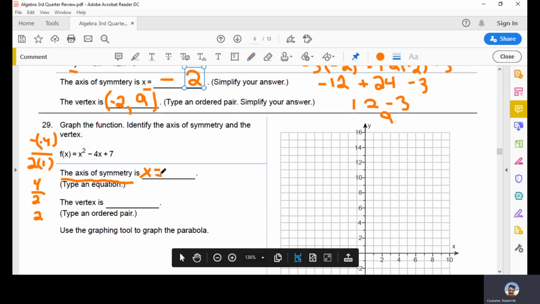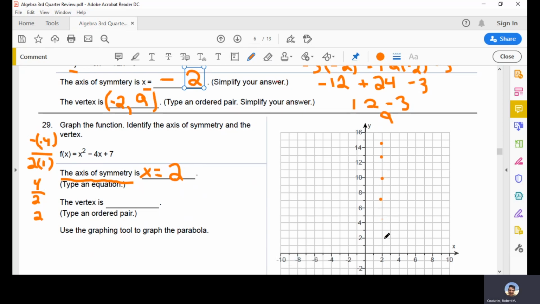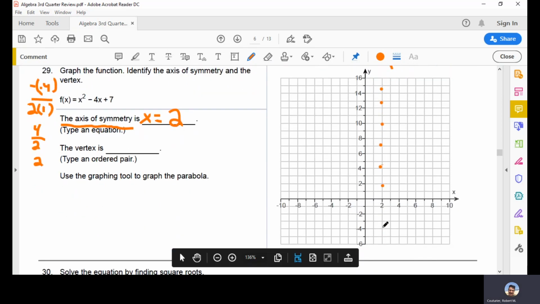Our x equals 2. That would be our axis of symmetry. So that is the imaginary line here, somewhere in here. I'm just trying to put dots so we can sort of see. Okay, it's going to be centered on this kind of imaginary line.